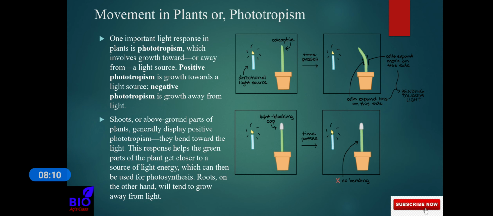Plant leaves are always trying to do photosynthesis, to make food for the plant, and for that they need more light energy, more sunlight, and more carbon dioxide. They will bend toward the direction from which they get more sunlight. It's a very simple equation.